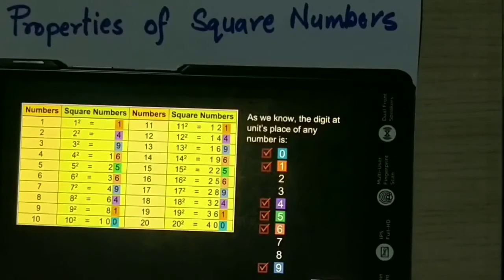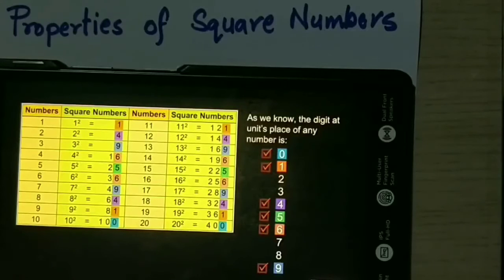Thus we can say the end digit, or unit digit, of square numbers is either 0, 1, 4, 5, 6 or 9. Or on the other hand, we can say the unit digit of a square number cannot be 2, 3, 7 and 8.